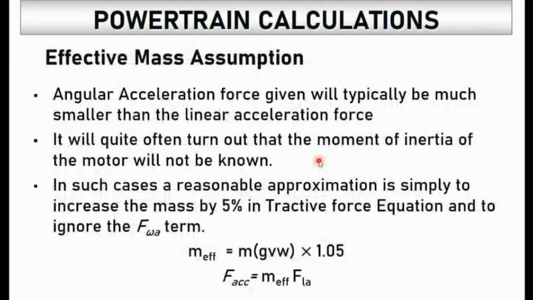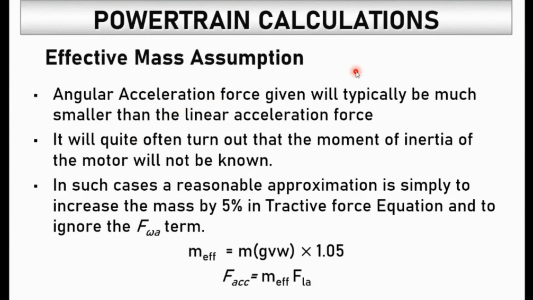So for that reason, a small approximation is done, where you are increasing the mass of the vehicle by 5%, and you're now getting to an effective mass calculation, where you are increasing the mass to compensate for the force due to your angular acceleration.